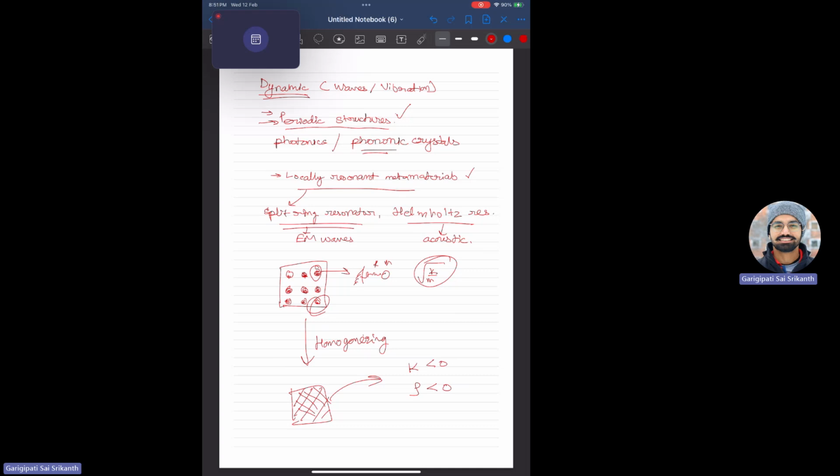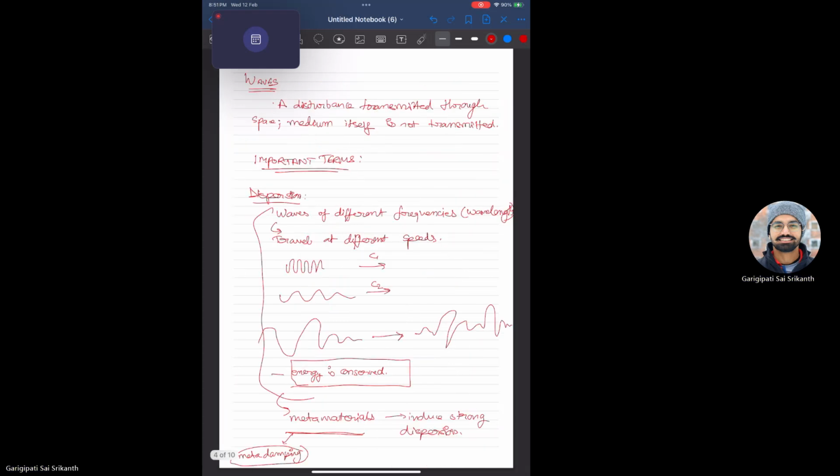And we spoke of how these principles are common across various fields because the wave mechanics is sort of similar, the equations are similar. Then just a brief introduction into the phenomena of waves, like what are waves? We say that it's a disturbance that is transmitted through space, whereas the medium itself is not transmitted.